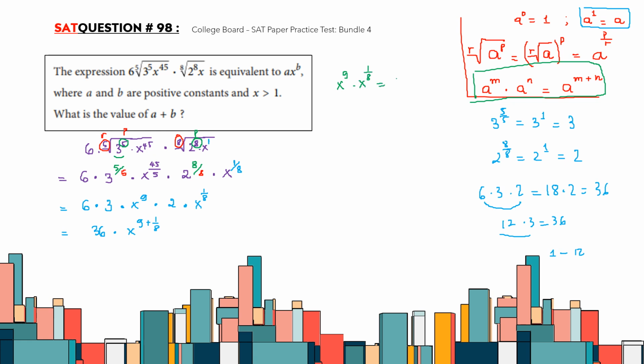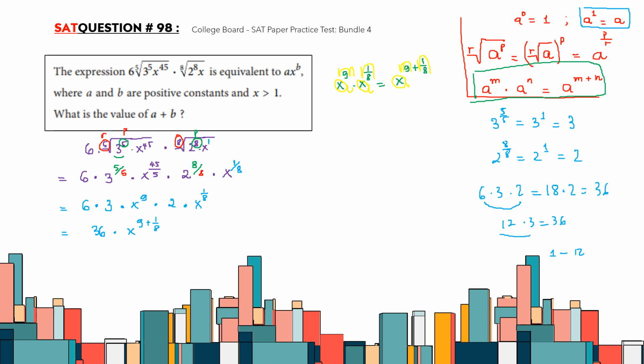We have the same base x, with m equal 9 and n equal 1 over a. So it equals x to the power of m plus n.